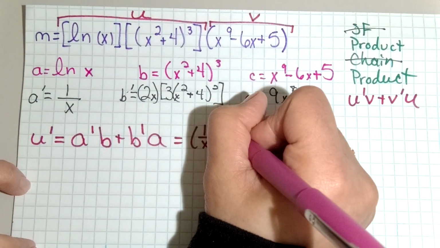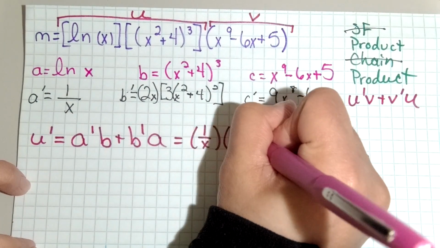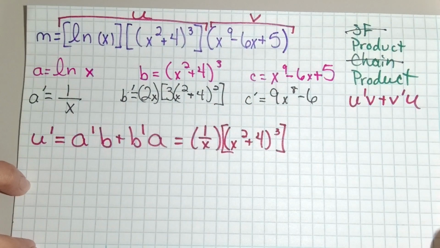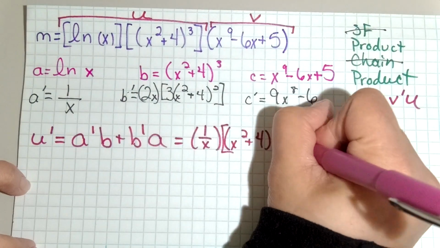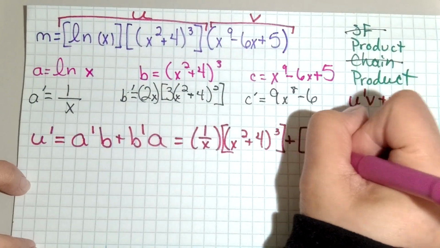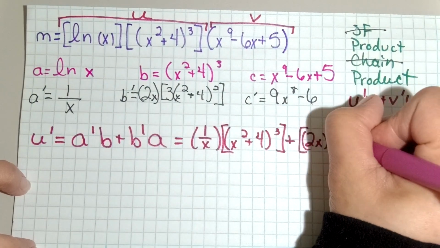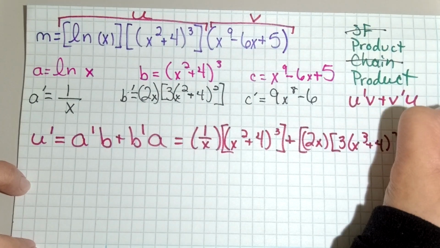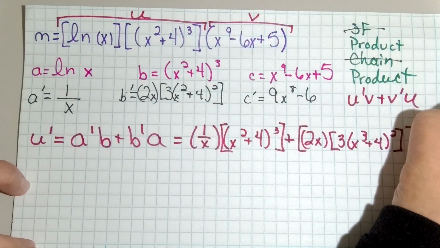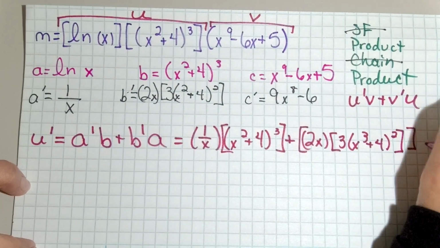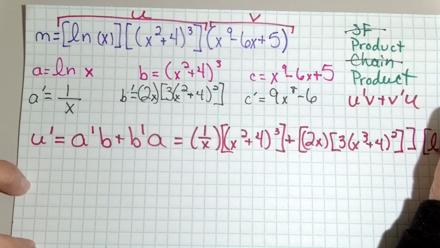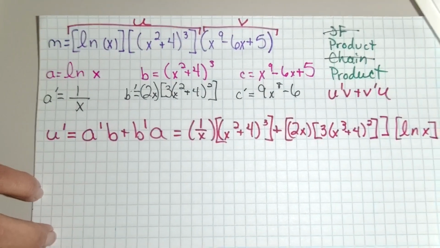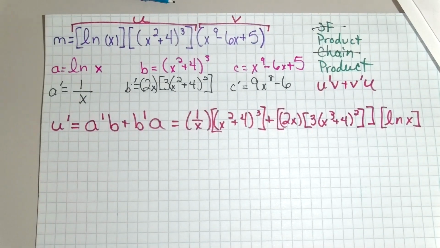B is x squared plus 4, all cubed, bracket, plus B prime times A, which is the natural log. Not IN, ln. Natural log. Thanks.